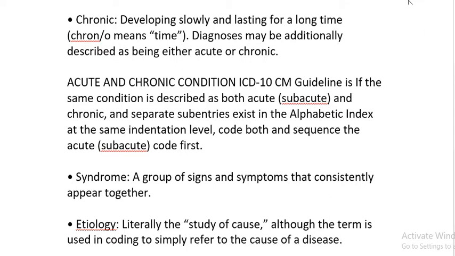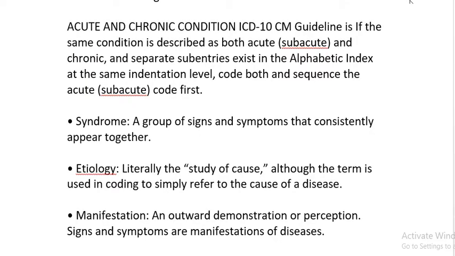Based on guidelines, the time frame for acute conditions is below 4 weeks. For chronic conditions, it is more than 1 year. Meaning if you have any condition that exists for more than 1 year, it becomes a chronic condition. If you can treat that condition within 4 weeks, it becomes an acute condition.